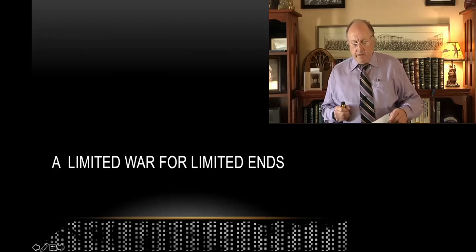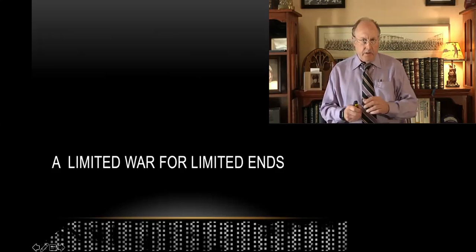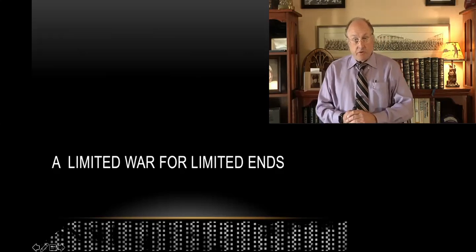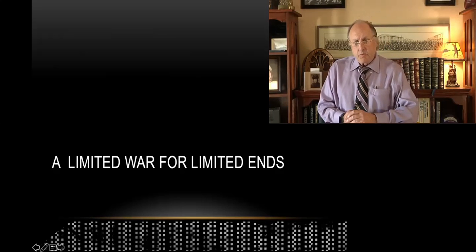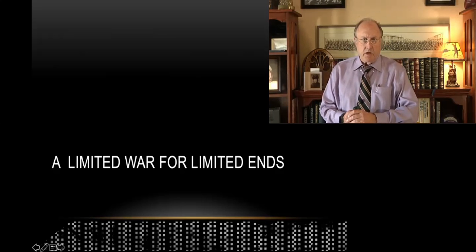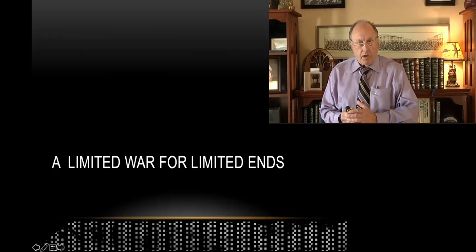A War for Limited Ends is an important title because it asserts that Lincoln's war in the first year was not a war to emancipate the slaves or to abolish slavery. The cause of the war was still slavery, and I'll explain that again in the midst of the lecture. But Lincoln's purpose in the first year and a half of the war was to put the Union back together.